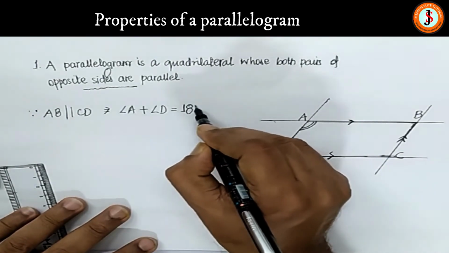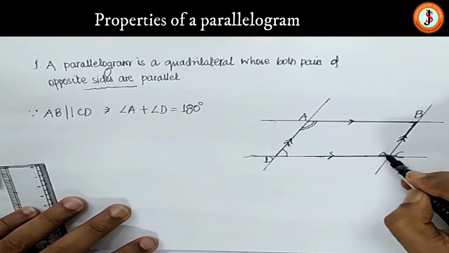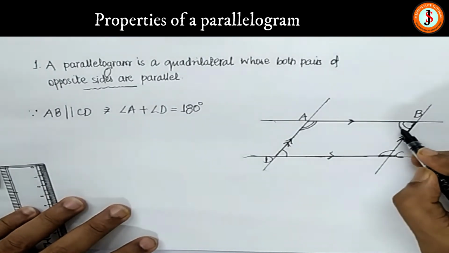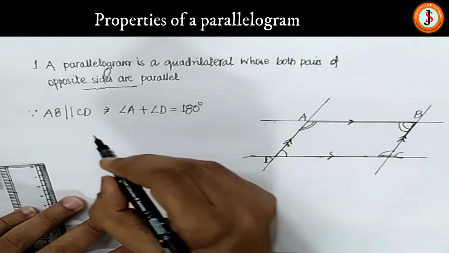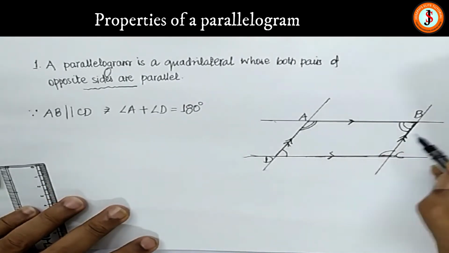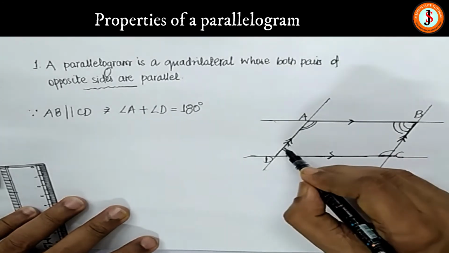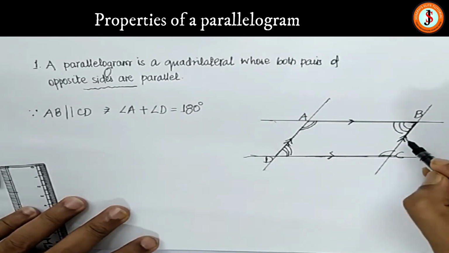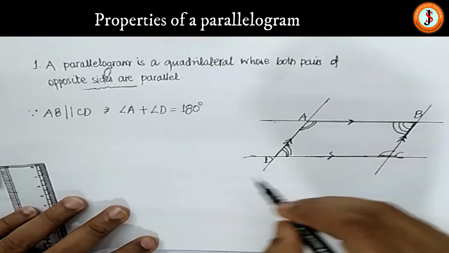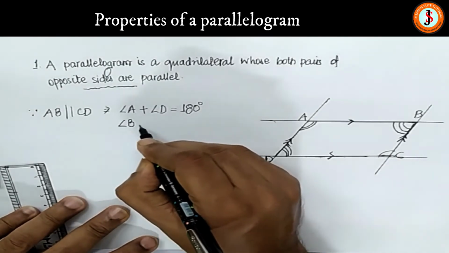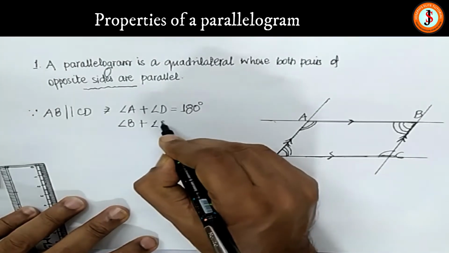So this is the first result, and the same thing happens over here. Angle B plus angle C will be 180 degrees. B plus C is also 180 degrees for the same reason.